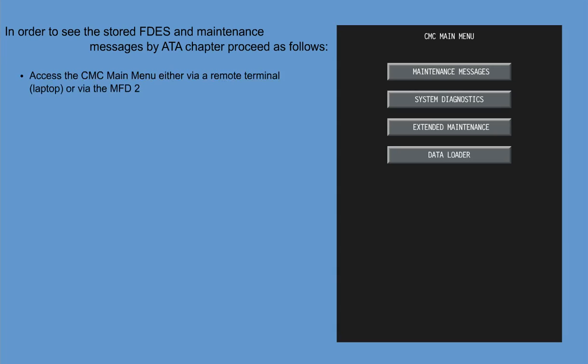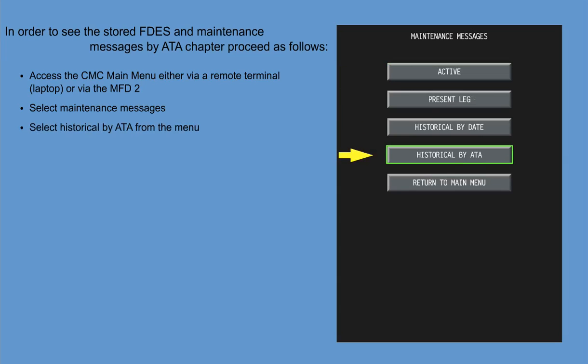In order to see the stored correlated FDES and maintenance messages by ATA chapter, proceed as follows. First, access the CMC main menu either with a remote terminal, laptop, or via the MFD2. Select Maintenance Messages. Select Historical by ATA from the menu.